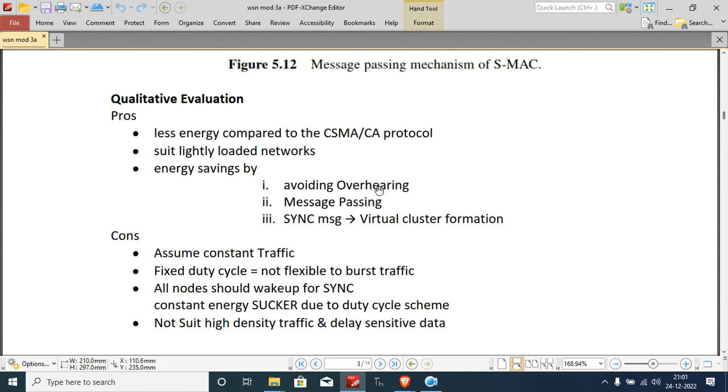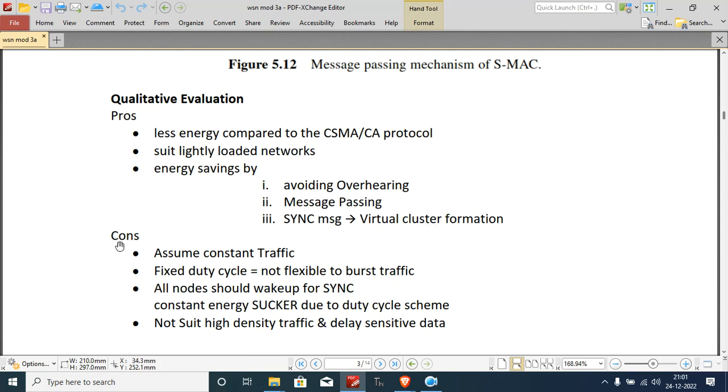The very first one is avoiding overhearing: a node will turn its radio off when two nodes are communicating with each other and it falls in their vicinity. Then there is message passing; large bursts of data can be passed through it. Then we have the sync message, and because of the sync message, virtual clusters can be formed.